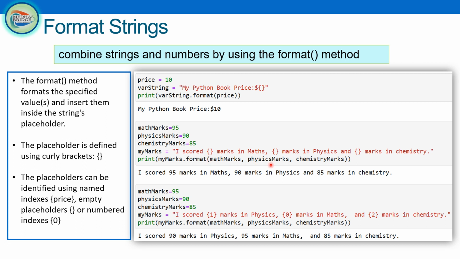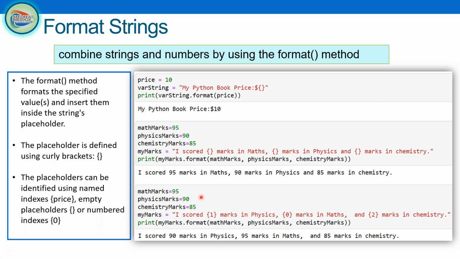The value of physics marks, which is 90, will be inserted into the next curly braces. The value of chemistry marks, which is 85, will be inserted into the last curly braces. The output would be: I scored 95 marks in maths, 90 marks in physics, 85 marks in chemistry. This demonstrates how we combine strings and numbers by using the format method.